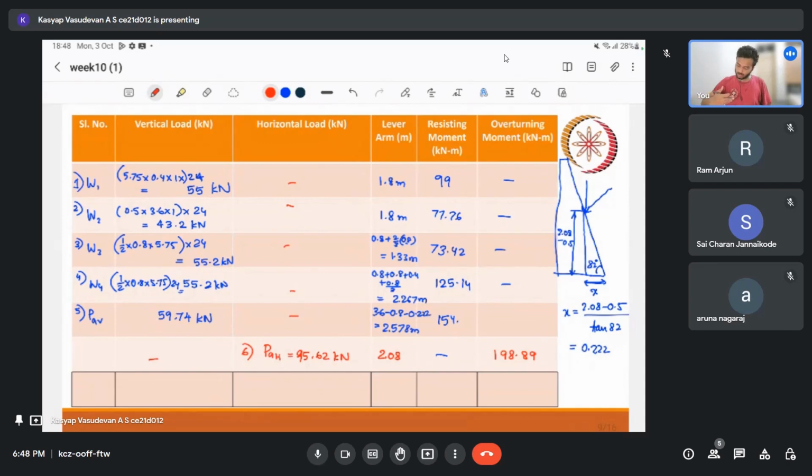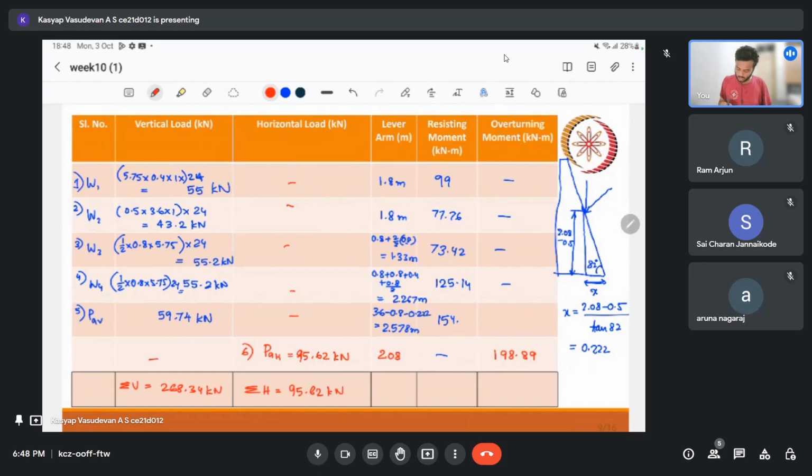So what we are supposed to do is find the total. Here we have the total vertical load, if you add all the things, as 268.34 kilonewton. And if you add everything in the horizontal direction, we have only one, so we can write it as 95.62 kilonewton.